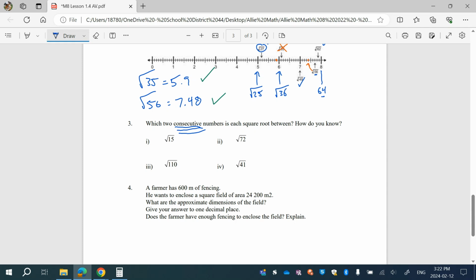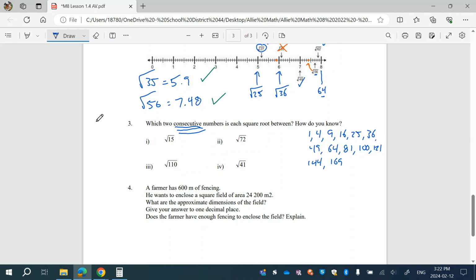So we have our perfect squares: 1, 4, 9, 16, 25, 36, 49, 64, 81, 100, 121, 144, 169. Hopefully you can see this.